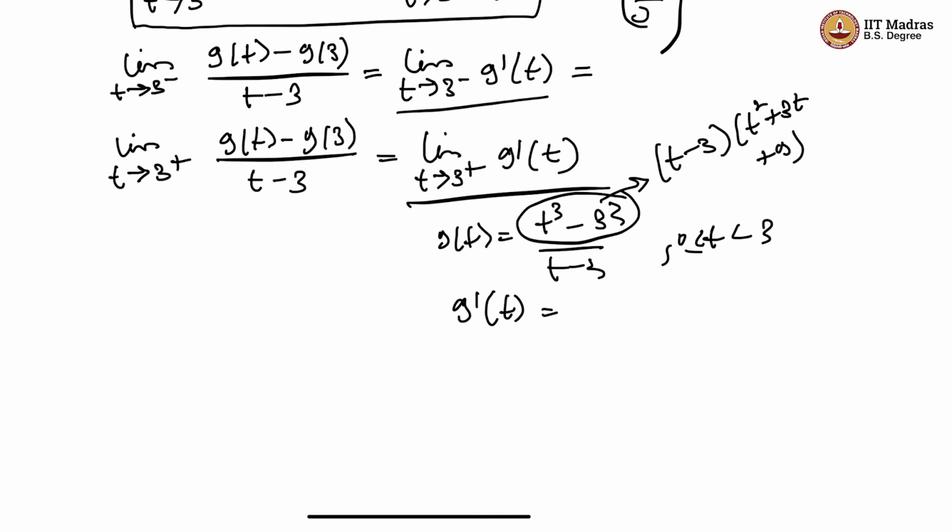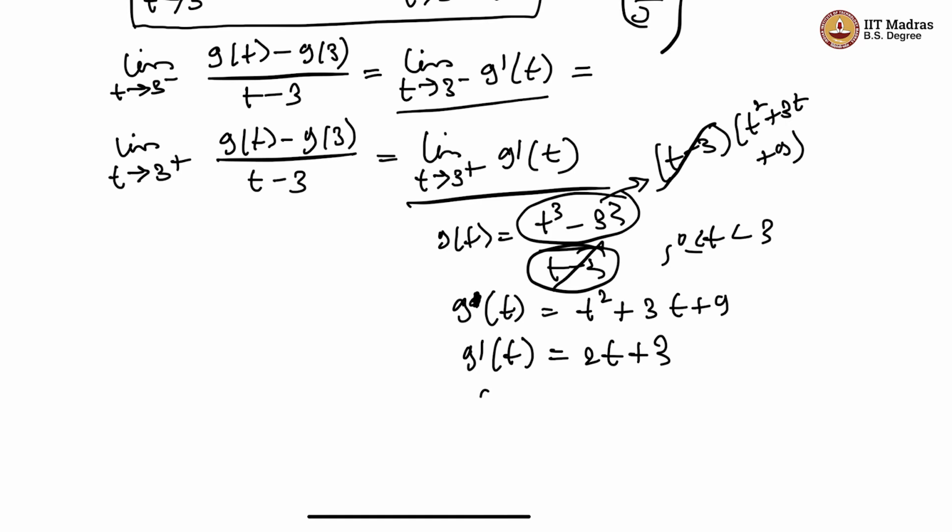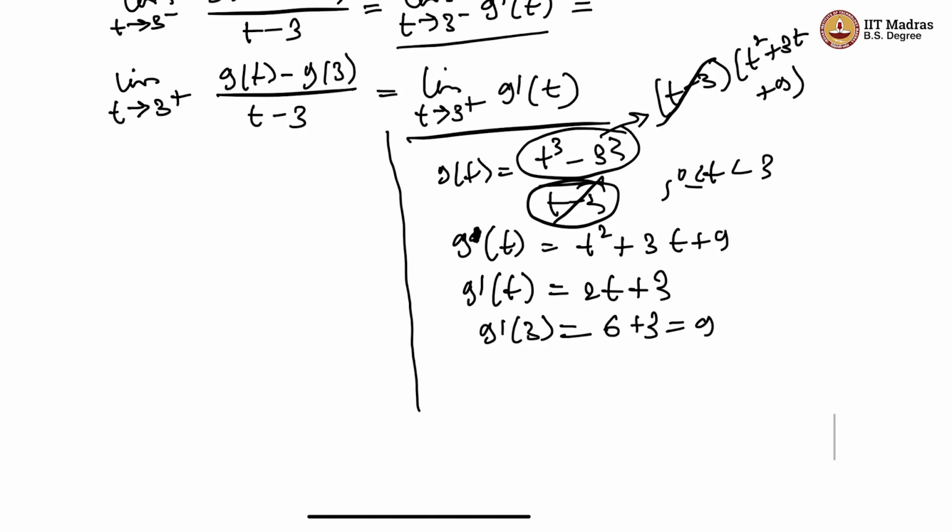So let me write it simply as a polynomial. g of t will be t squared plus 3t plus 9 after cancelling this factor out. Now we can easily calculate g dash t. This will be 2t plus 3, so g dash 3 will be 6 plus 3, that means 9.